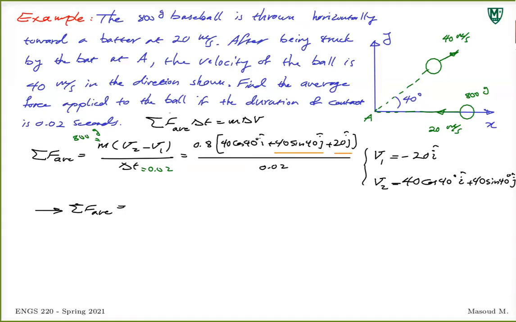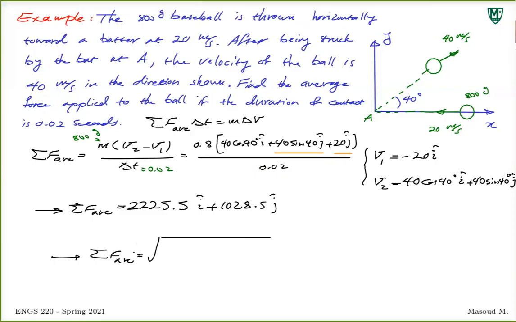This is J and this is J. Divide by 0.02. Here is what you get. You get 222.5 I plus 1028.5 J. Hopefully, again, this is also correct. Today I'm just getting wrong numbers. And you can find the magnitude of the force. This squared plus this squared gives you 2451.66 newtons.